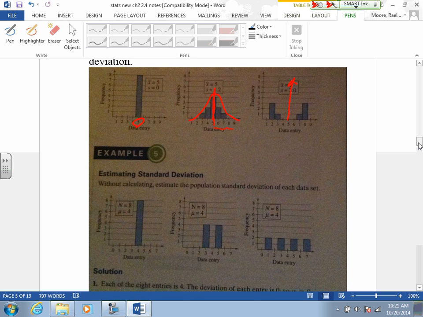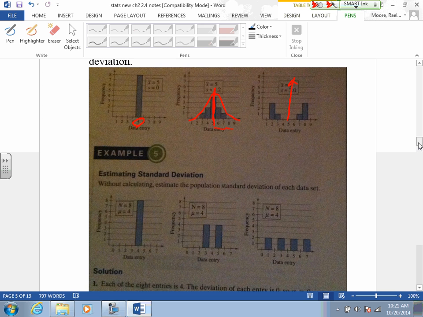Your data is really far apart, isn't it? It's really deviating off the mean. So that one should have the largest standard deviation. That's the point they're getting at. Less deviation, no deviation at all, 0. A normal deviation, a little bit more. And a large deviation should have the largest standard deviation. So do you see it?